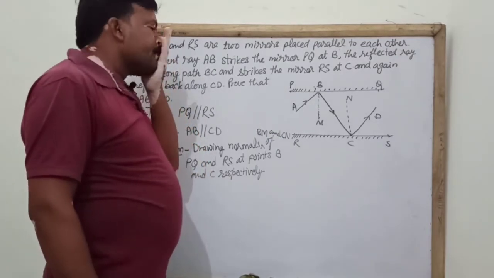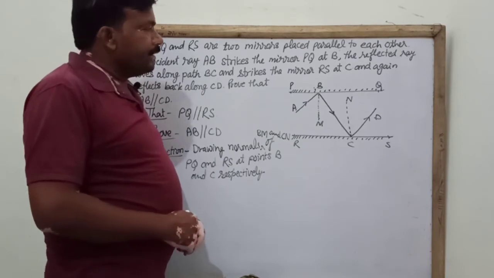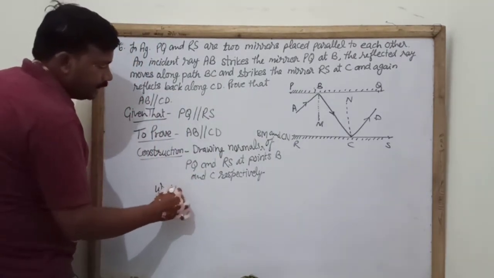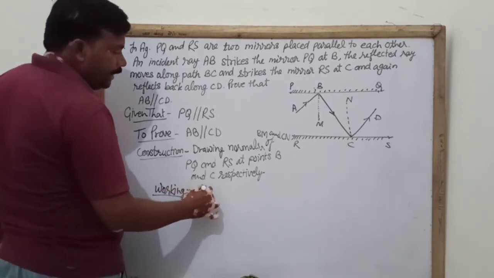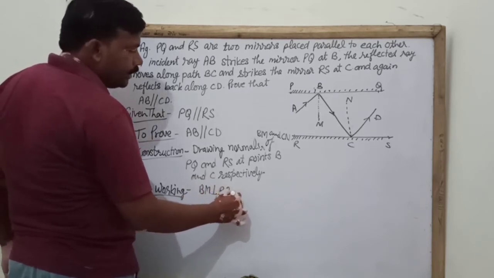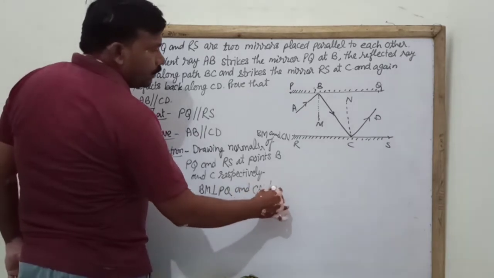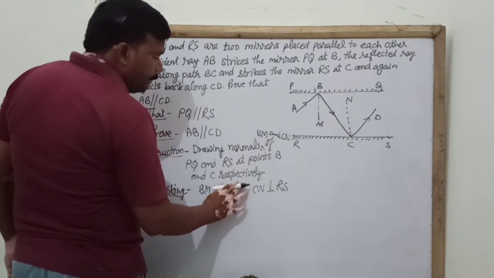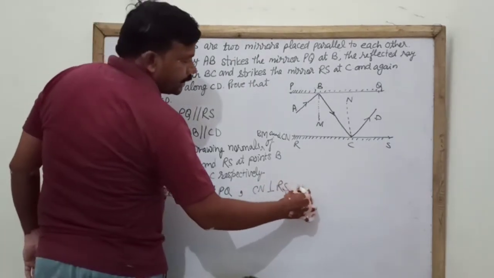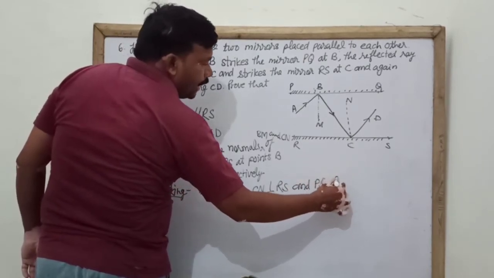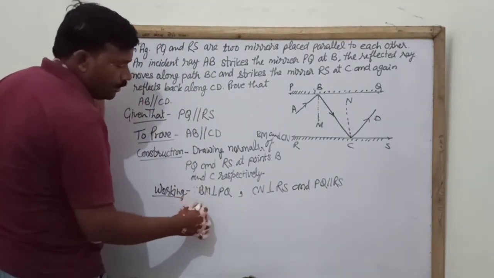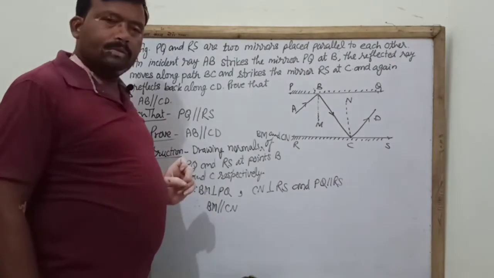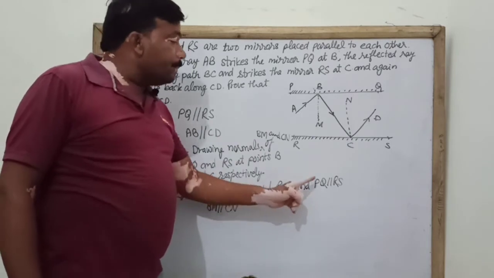First of all, we can say that working or proof, since BM is perpendicular to PQ and CN is perpendicular to RS, and PQ is parallel to RS, we can write here BM is parallel to CN.